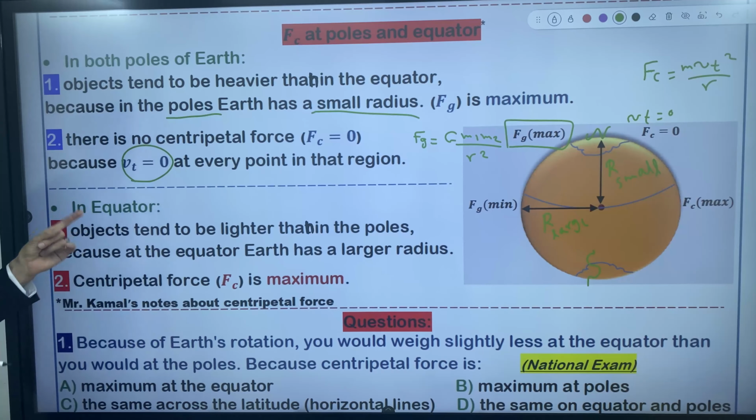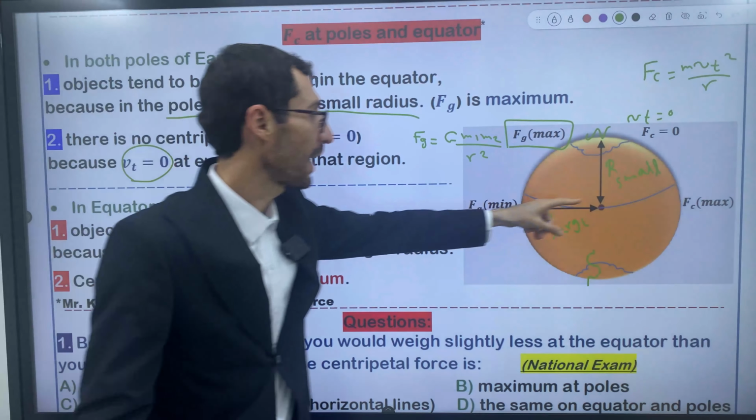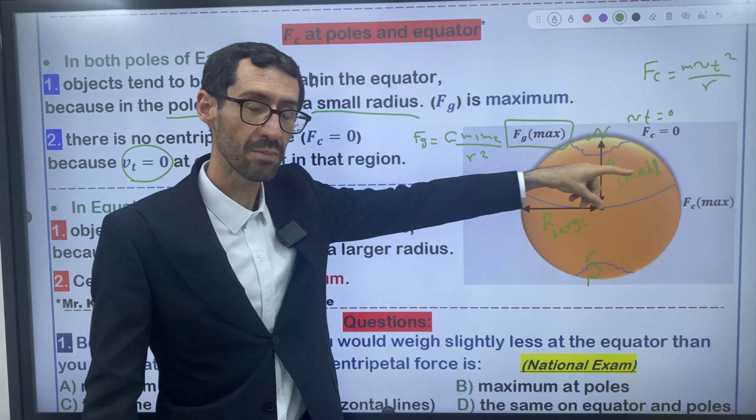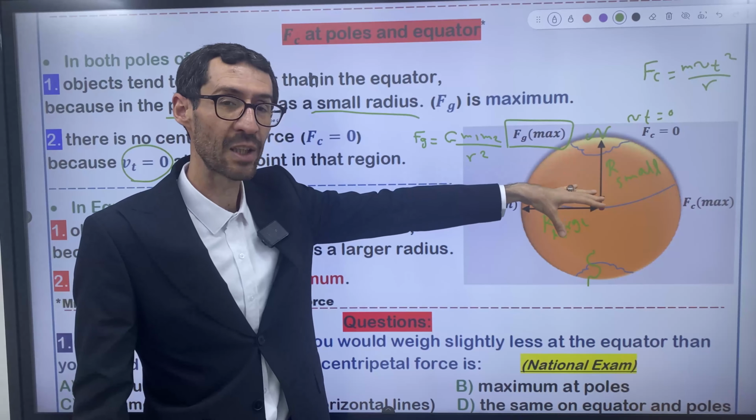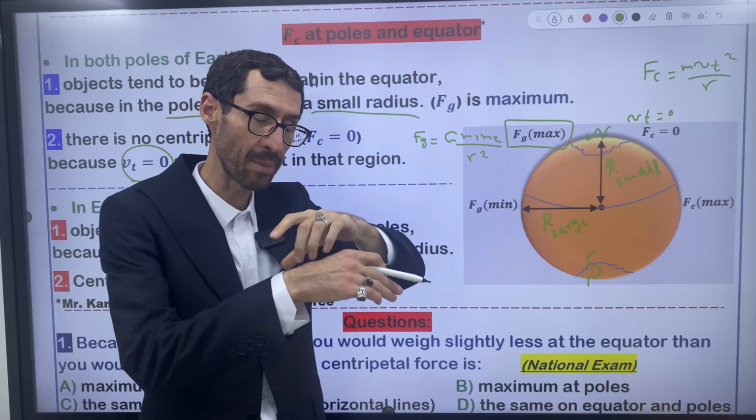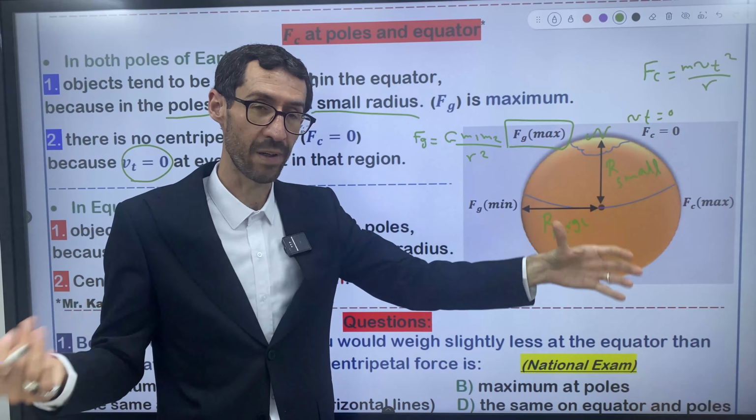Let's move on to the equator. You know, the equator is the longest latitude of Earth. Latitudes are imaginary horizontal lines of Earth.